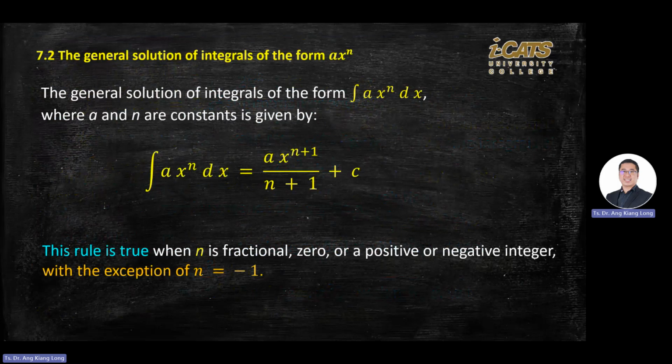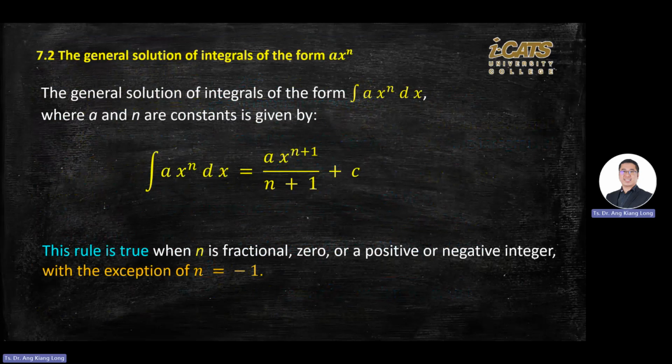Okay, so this is the general solution, the general equation. If the format of your question looks like integrate something x power n dx, then you use this formula. You write ax, your n will plus 1, divided by the exponent component. Means you take this n plus 1, put to the denominator. And why do we have plus c?